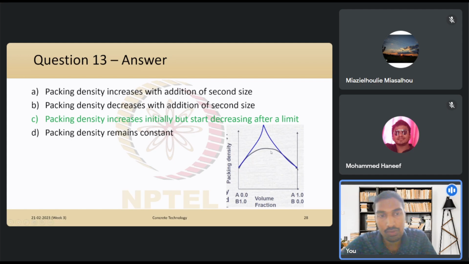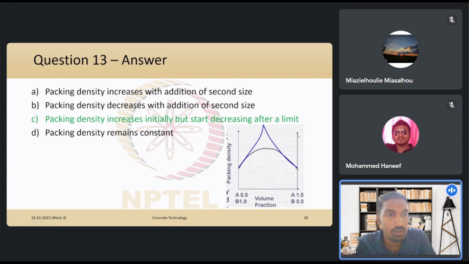So this is similar to what we saw for the void ratio. In the case of void ratio, we had the opposite effect. It will initially be higher when you have a single sized particle. When you add the other size, it will decrease, reach a lowest point, and then start increasing as you add more of the second size.